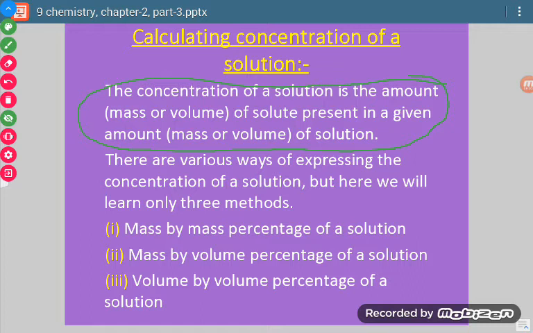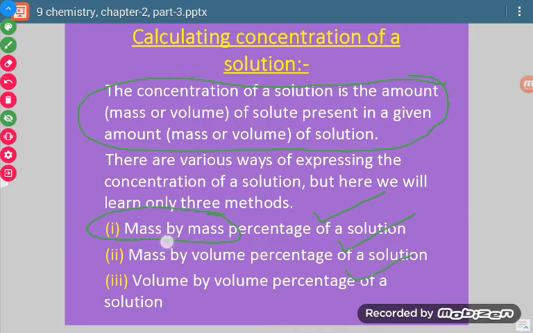So when we want to calculate it for a given solution, there are three ways. Number one, mass by mass percentage of a solution, mass by volume percentage of a solution, and volume by volume percentage of a solution. From the name itself it is clear what is to be done. In the first case, we have to take masses of solute and of solvent or solution.